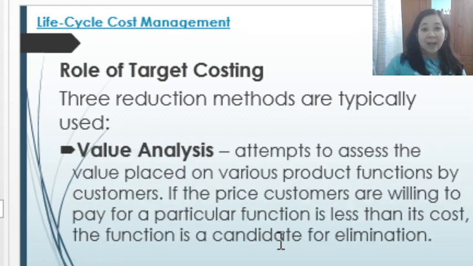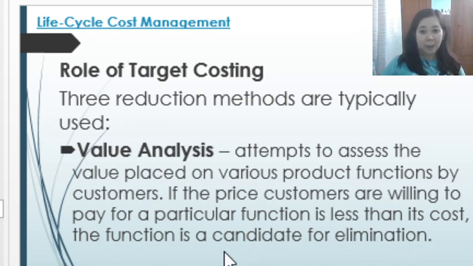Another is value analysis. This is the second method. Here, they attempt to assess the value placed on the various product functions by customers. If the price customers are willing to pay for a particular function is less than its cost, then the function is a candidate for elimination.